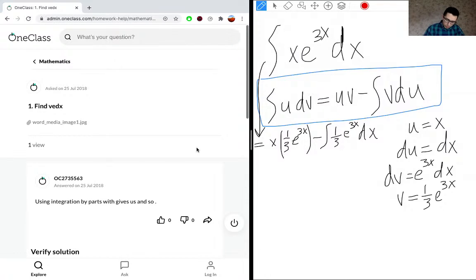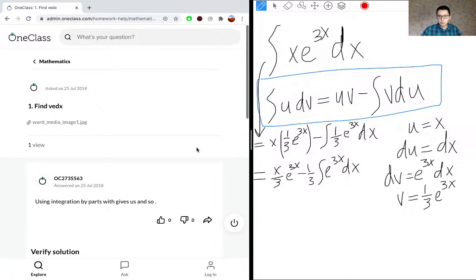So now we'll simplify and evaluate the integral. Here we have x/3 e to the 3x. Then we'll take the 1/3 to the front, and we have the integral of e to the 3x dx.